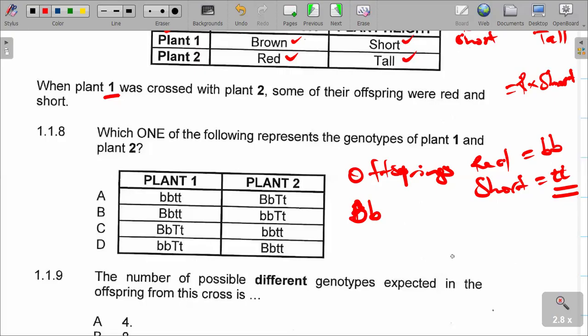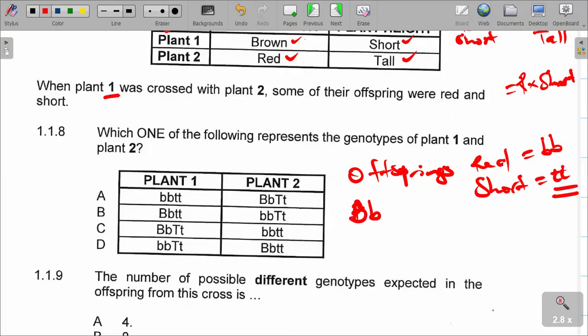Both parents must have a recessive t to have a short plant. So plant 1 is short, recessive, so its genotype is also going to be tt.